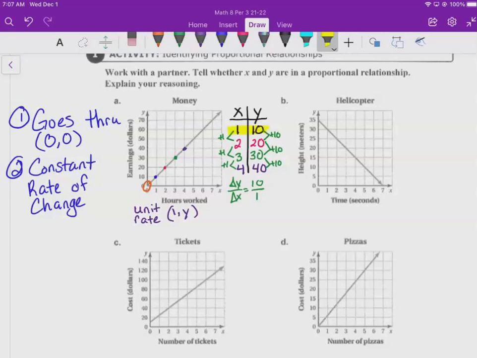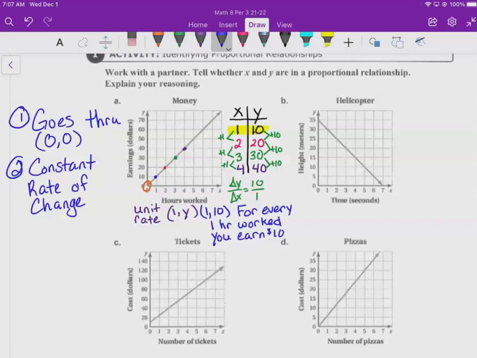So what does that mean? That means that for every 1 hour worked, you earn $10. Okay, that's what a unit rate is.